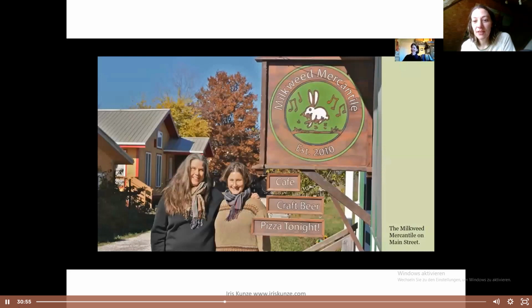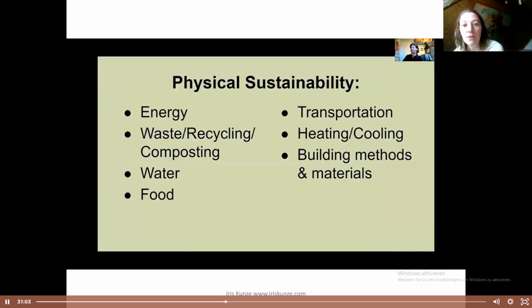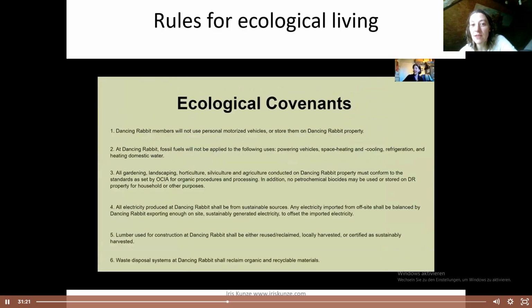And they have products, they grow their own food, and they have their stores where they sell these products as well. And in the area of energy, waste, recycling, water, food, transportation, heating, building methods and materials, they have a quite developed, high level of sustainability. Here are more details about this.